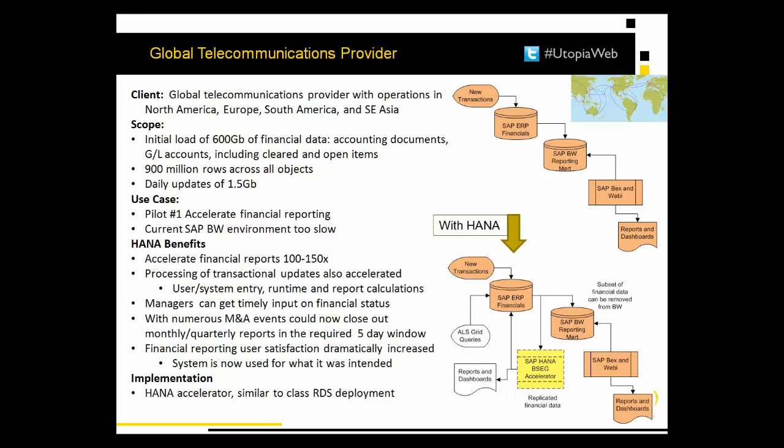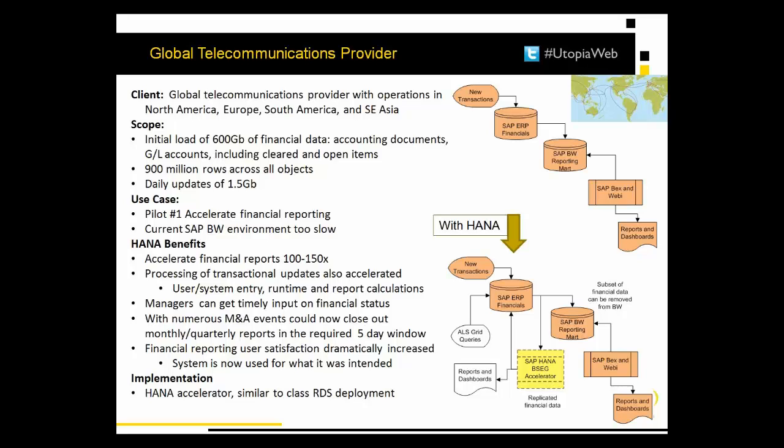So that was all fine and dandy, but this telecommunications provider is a global provider, with a presence throughout most of the world. And the scope of the system is they have 600 gigabytes of financial data in that SAP BW reporting mart. Accounting documents, general ledger, including their cleared and open items.